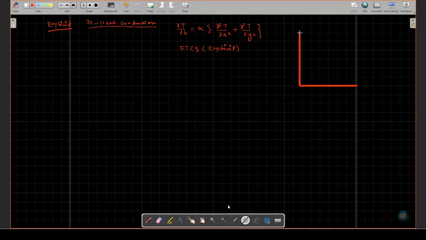So it is a two-dimensional thing, and we have the directions: this is the y direction and this is the x direction.